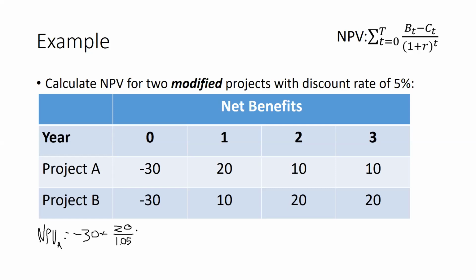Then plus 10 divided by 1 plus 0.05 to the second power. And I got 9.07. Then you do plus 10 divided by 1 plus 0.05 to the third power, and I got 8.63. And as a total, I got 36.74.